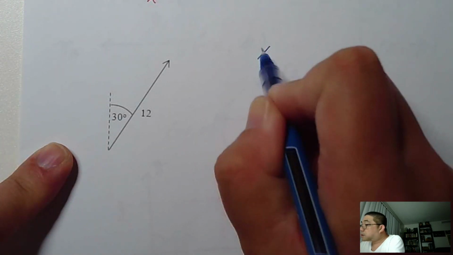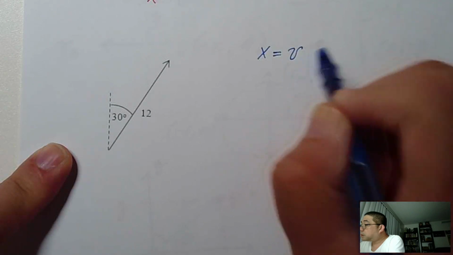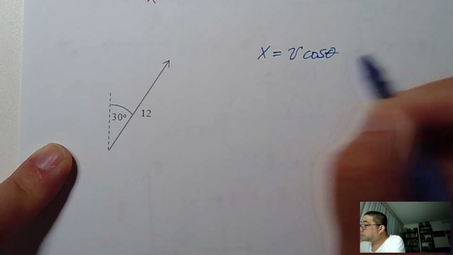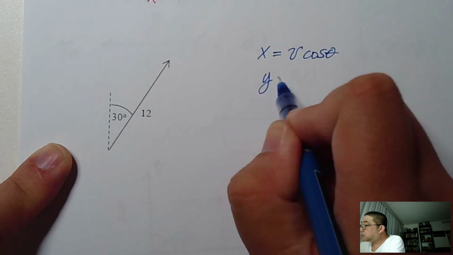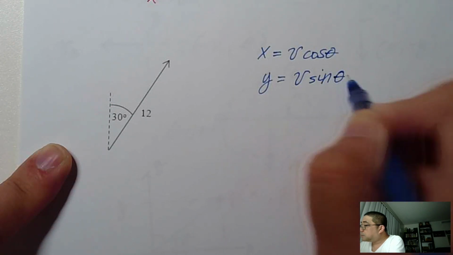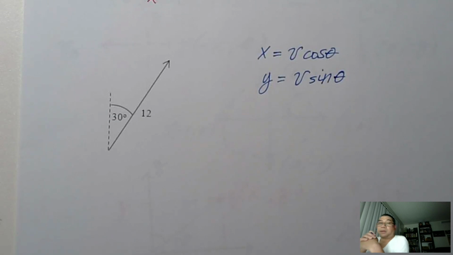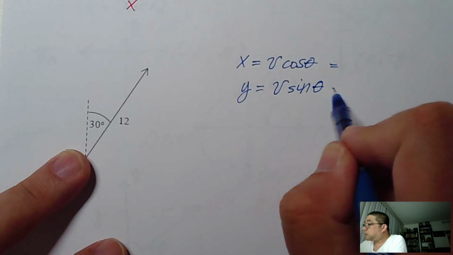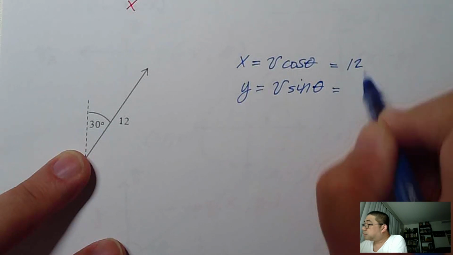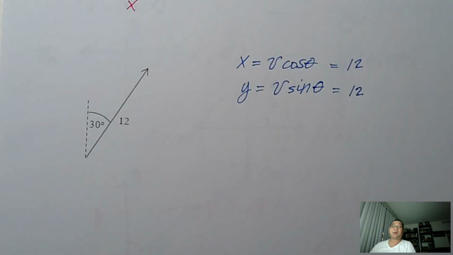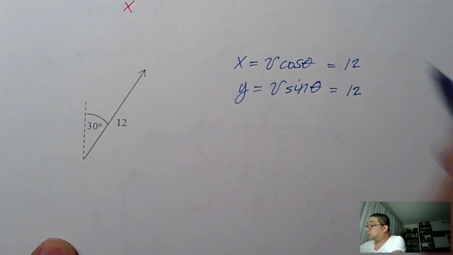We have x equivalent to the vector, whatever that vector value is, multiplied by cosine theta, and then y is equivalent to v sine theta. Before we jump in, we all know that the value of the v vector is simply 12. Now we just need to analyze what the value of the angle is.